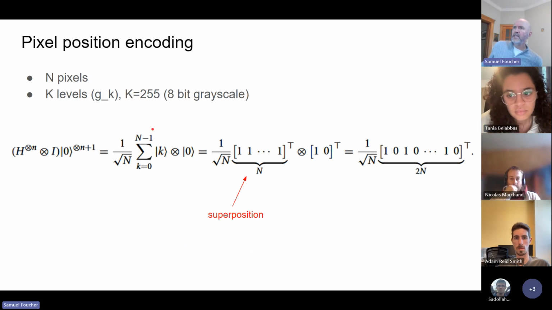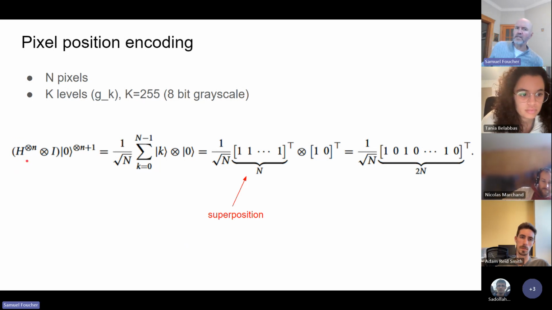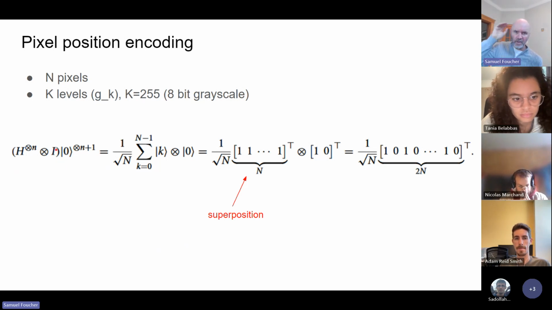If we take a step back, the FRQI is basically a combination of n Hadamard gates. Here they're using identity to just keep the channel for the colors, in fact. The grayscale values will be the n+1 channel register in the quantum register.